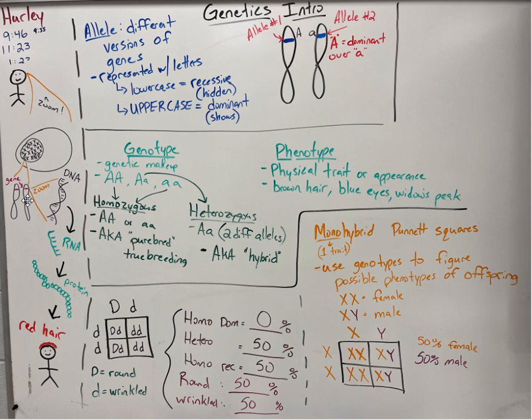One may be for lactose intolerance, and one of them is lactose tolerance. Or second toe is bigger than their first toe, or widow's peak, or dimples, or hitchhiker's thumb. There's all kinds of different things that could be a gene for, but we're just going to say that it's hair color. So on that little section right there, on both of them, there's a gene for hair color.